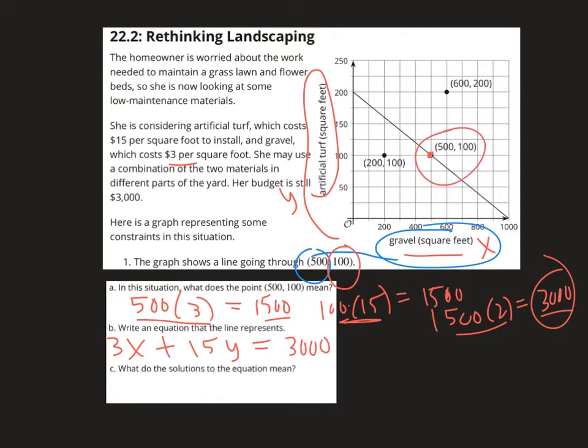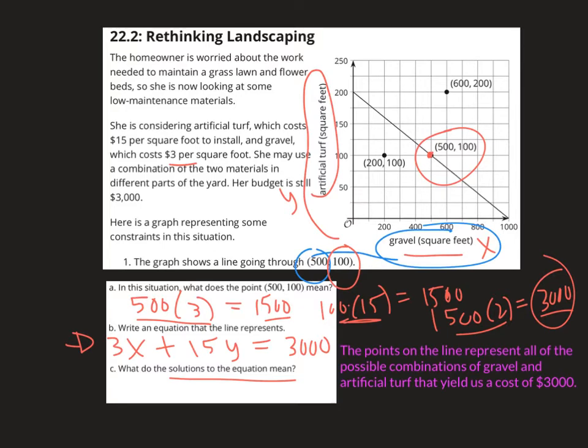So 500, 100 is a solution of said equation, right? And what do the solutions to the equation mean? They're all the possible combinations that yield us $3,000. Right? So again, you might just want to press pause and put that into your notes, right? The points on the line represent all of the possible combinations of gravel and artificial turf that yield us a cost of $3,000. And again, nothing new to see here.